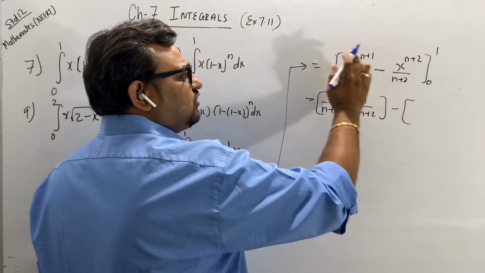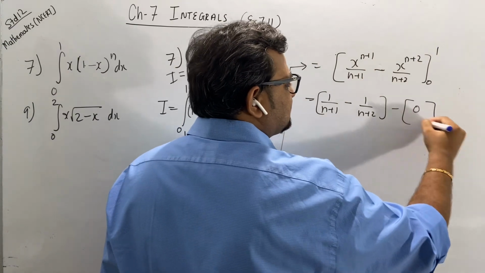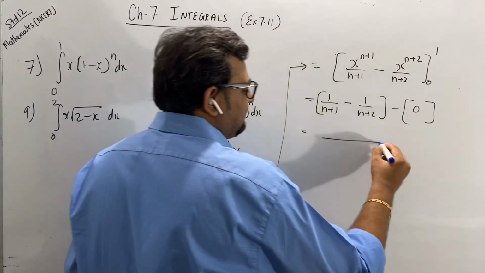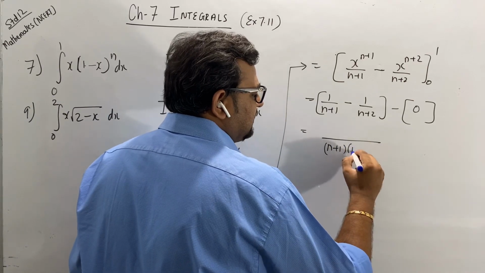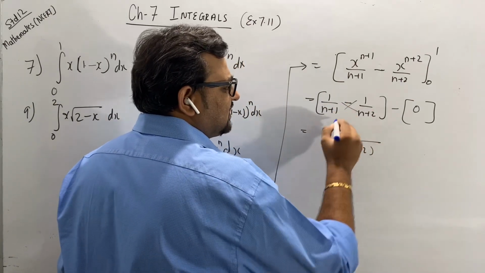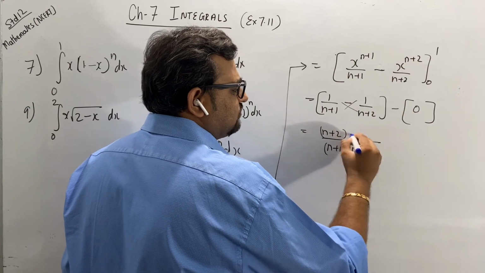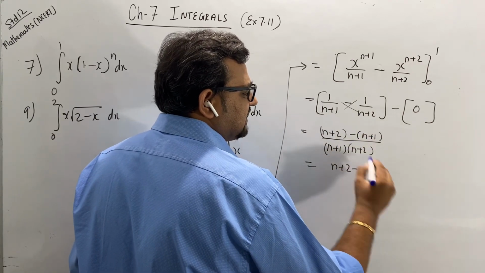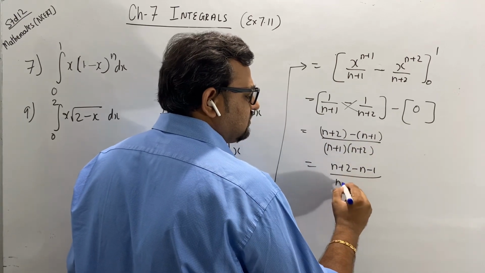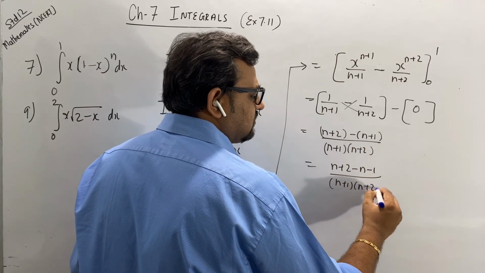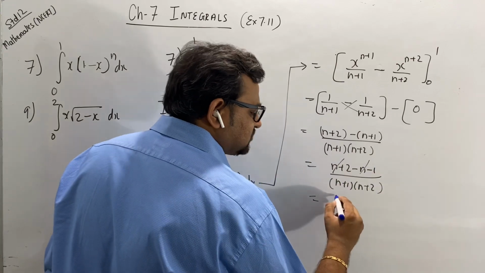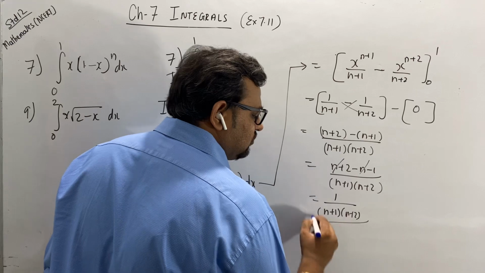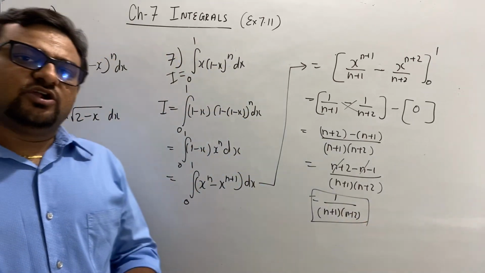When I put the value of 0 in both cases, it will be 0. Clear? Okay. So now taking the LCM, n plus 1, n plus 2. Cross multiply, n plus 2 minus n plus 1, that is n plus 2 minus n minus 1. And then n gets cancelled, 2 minus 1, 1 upon n plus 1 into n plus 2.